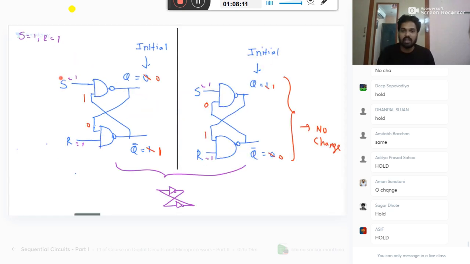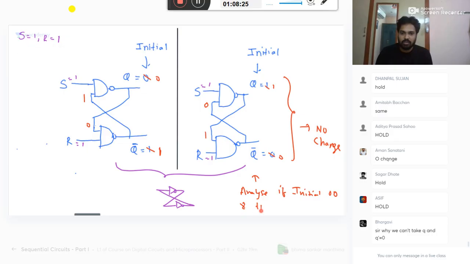Okay. So in this case, analyze if initial 0, 0 and TPD 1 not equal to TPD 2 and TPD 1 equal to TPD 2.